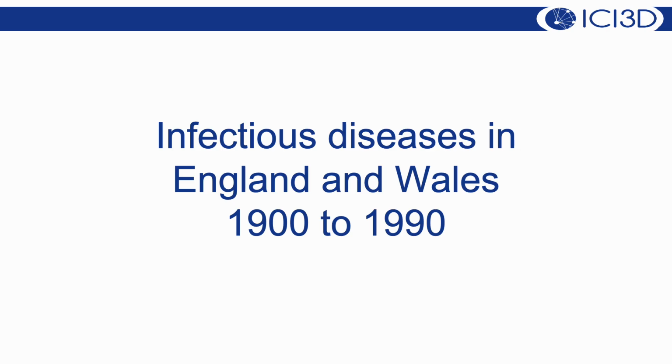Okay, I want to look at some other diseases which occur in England and Wales, or have occurred in the 20th century, the first 90 years of the 20th century, and look at what's happened to them over time.